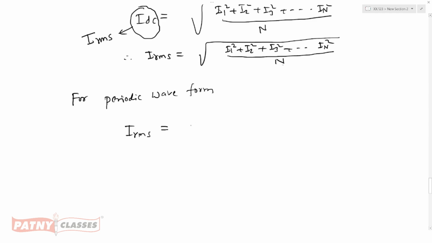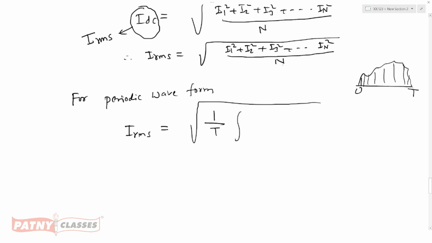IRMS equals to under root of, if it is a periodic function from 0 to t, so total number of divisions are t. So in terms of integration, the IRMS value can be given as 1 upon t, integration from 0 to t, I of t whole square with respect to t.